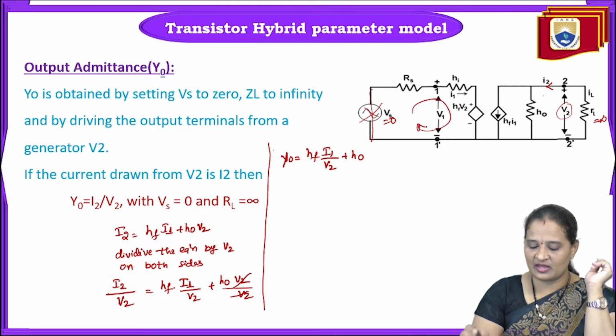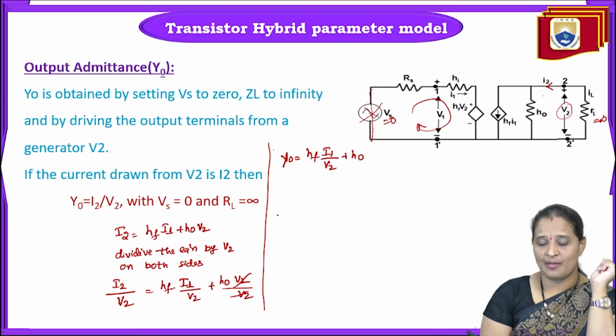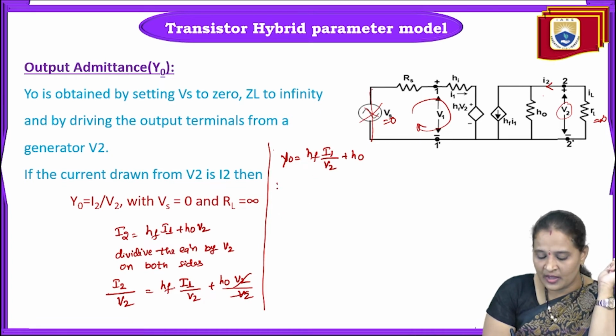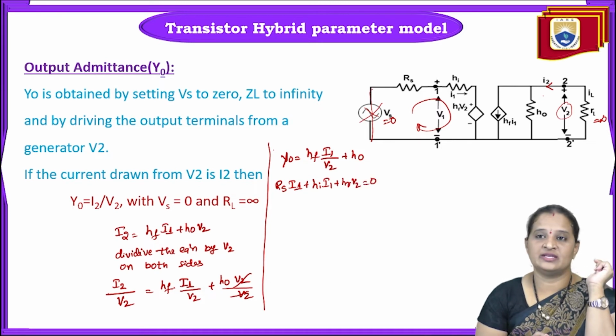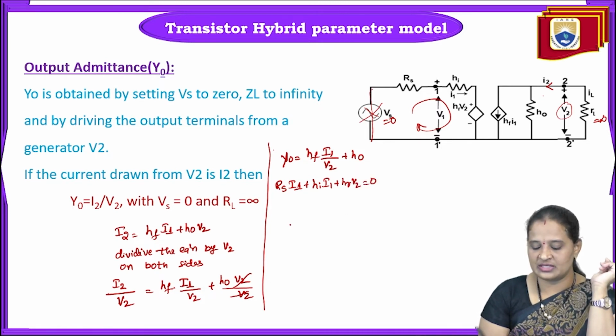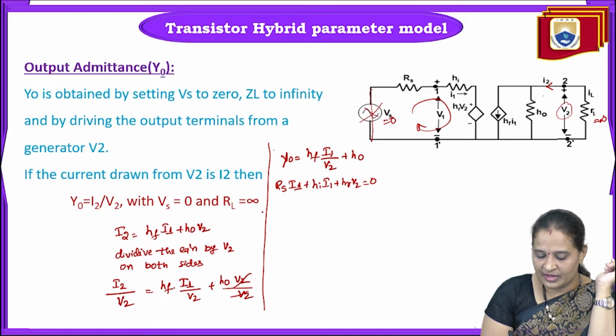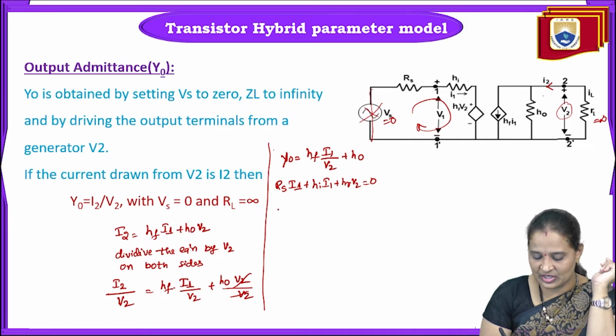Now apply the KVL to the input loop, making Vs 0. Then it becomes Rs into I1 plus Hi into I1 plus HR into V2 equals 0, because we made Vs equal to 0. Now take HR V2 to that side and take I1 as common.